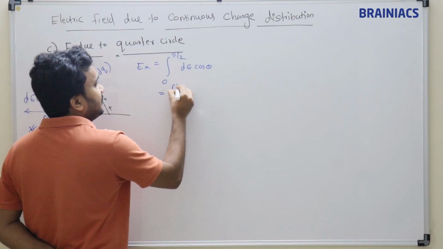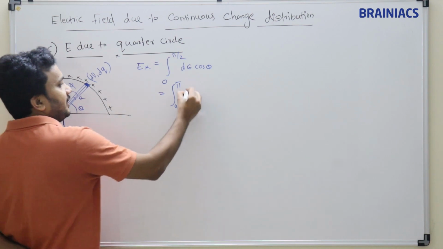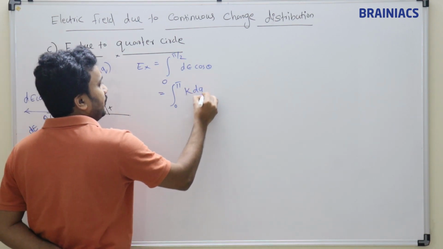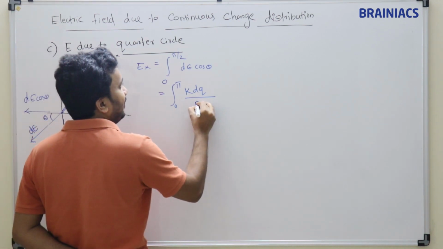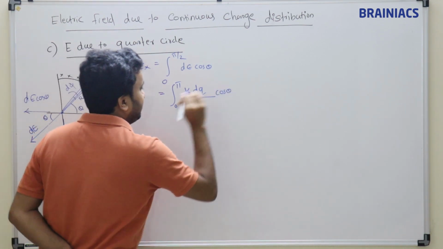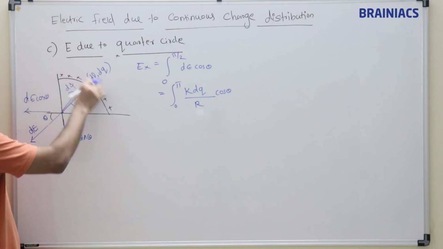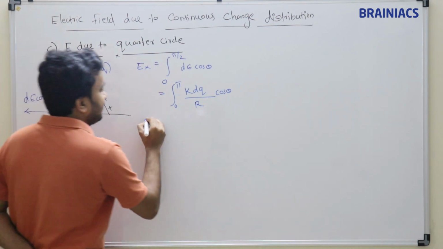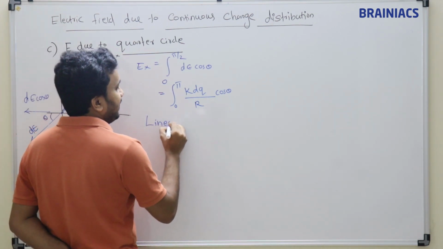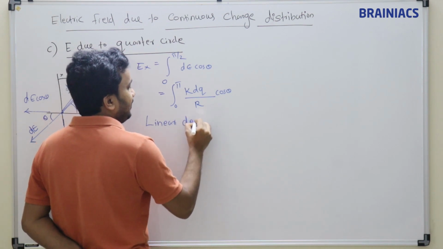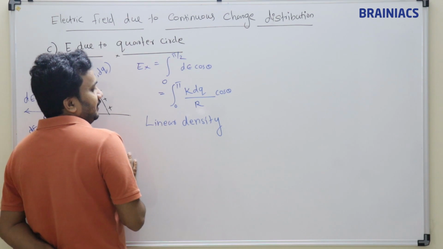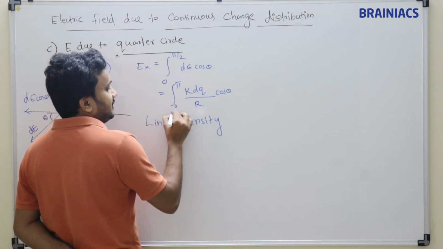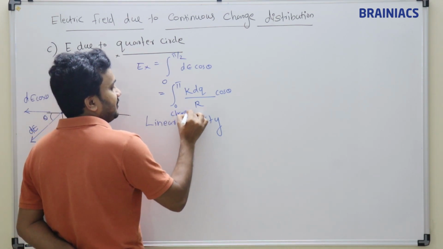So integral 0 to pi/2. What is dE? K into dq divided by r squared, where r is the distance from dq to here, into cos theta. This is a current element, this is a wire, so this is related to a quantity I mentioned in the last session: linear charge density.